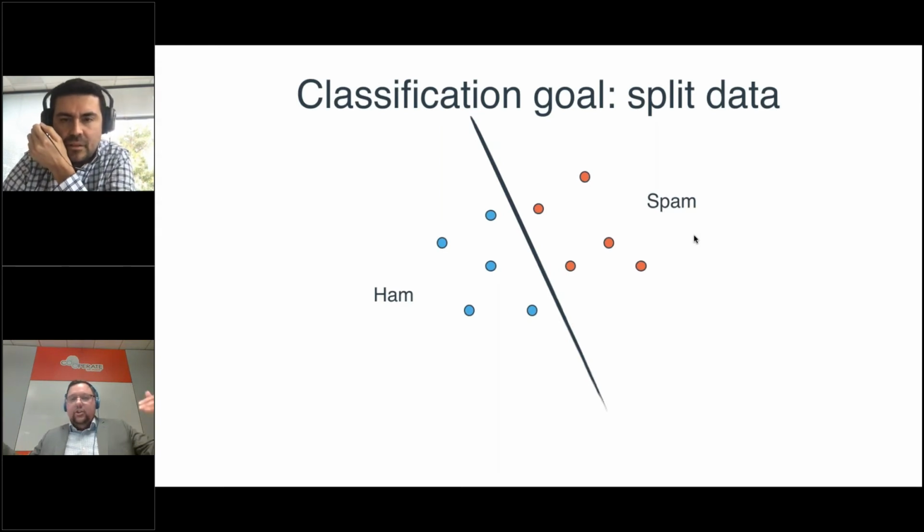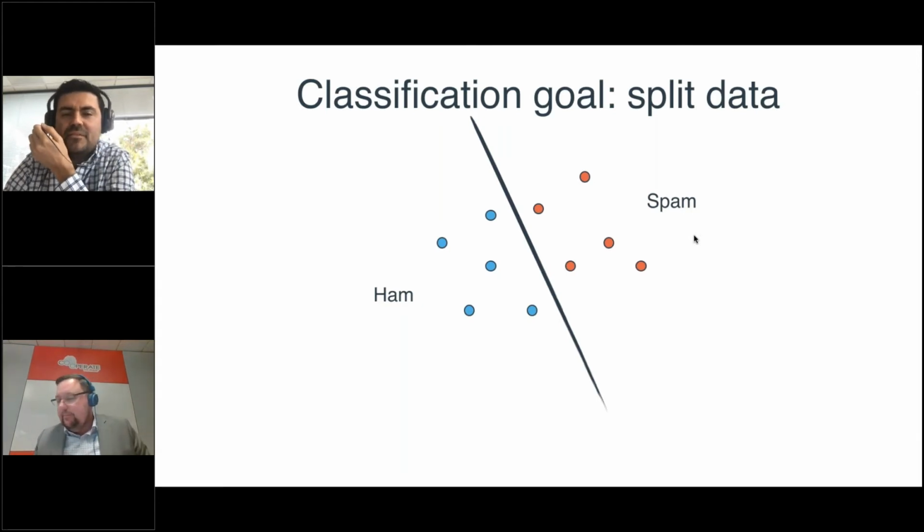You could imagine dropping a line into this data the wrong way, something maybe perpendicular to the line that actually classifies it, and then wiggling that line around a little bit and trying to understand: if I wiggle it this way, am I doing better or worse? If I wiggle it this way, am I doing better or worse? And that's how it arrives at the best possible way to classify the data.